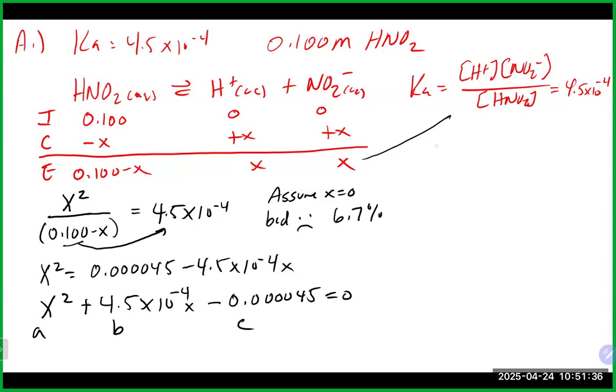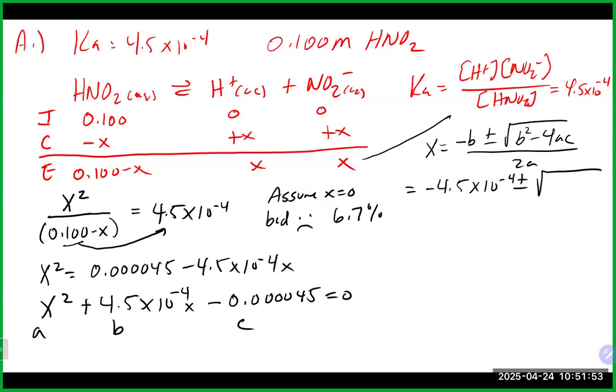Again, that's going to go into x is equal to minus b plus or minus the square root b squared minus 4ac divided by 2a. Popping in our numbers there is going to get us a negative 4.5 times 10 to the -4 plus or minus. If you do everything inside the square root, you should get something like 0.0001802.